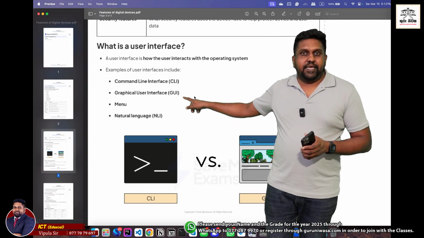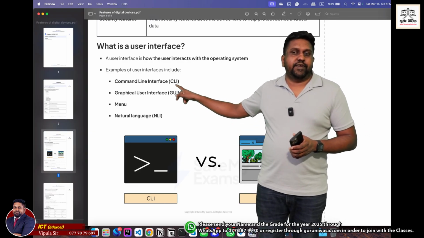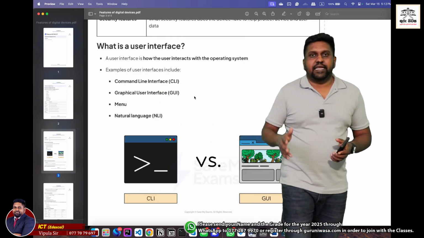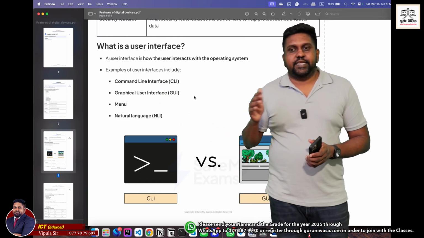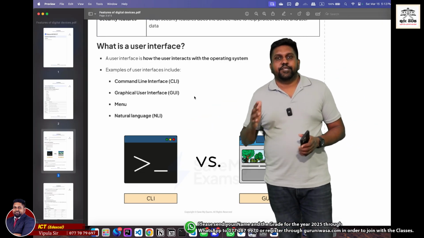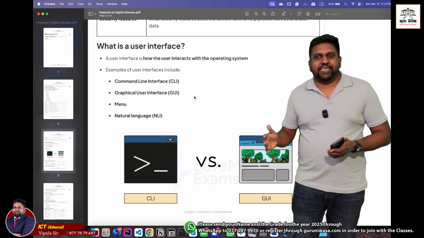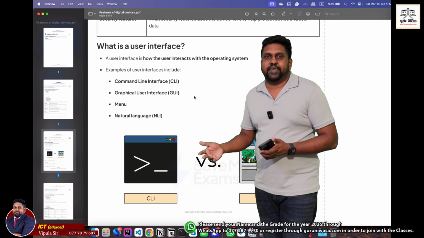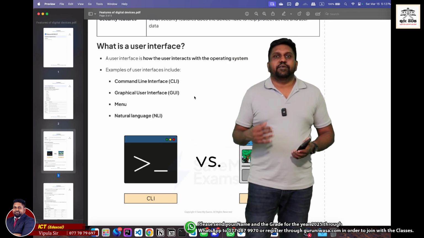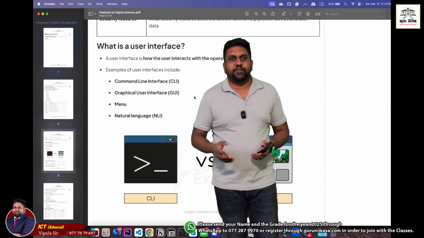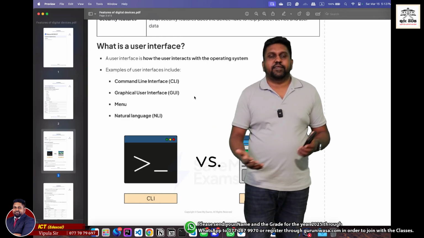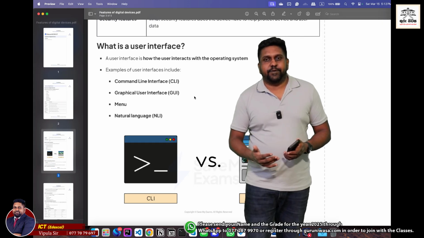And we have another type of interface known as the command line interface, CLI. The difference between the CLI and the GUI is that the CLI is entirely focused on writing commands. So you type in a command and you expect some sort of action to happen.